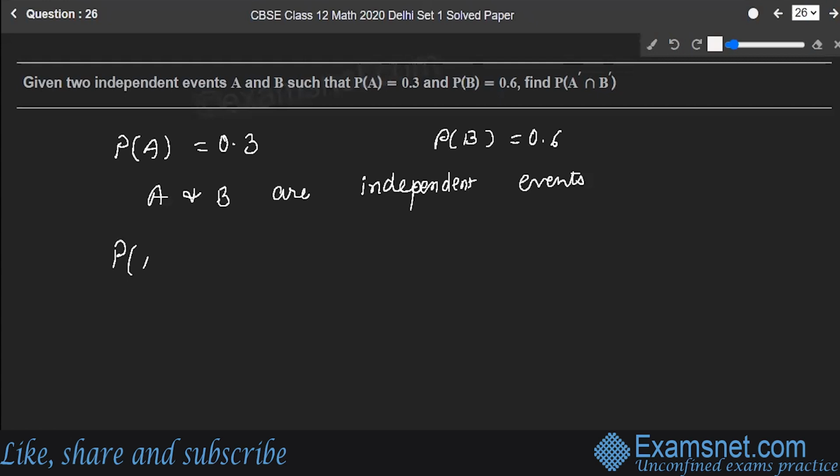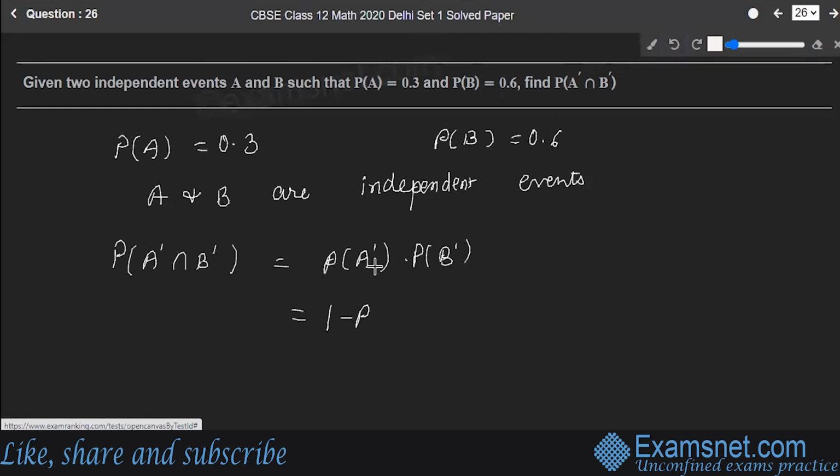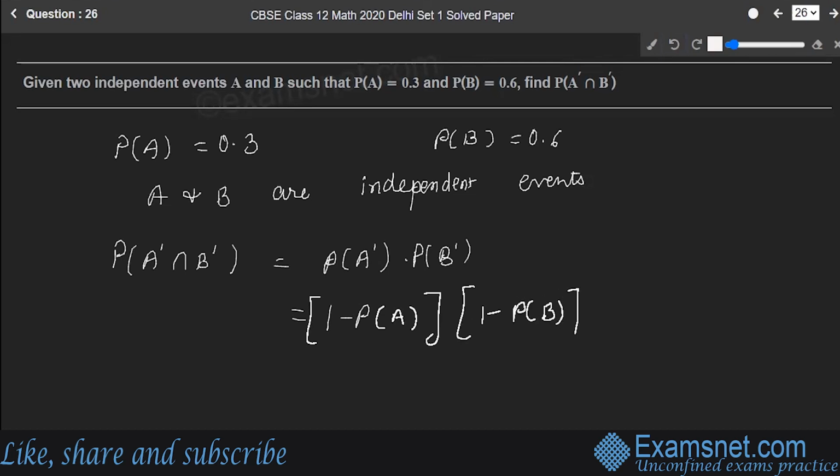Therefore, P(A not intersection B not) is equal to the product of them separately. And what is P(A not)? This will be given by 1 minus P(A), multiplied by 1 minus P(B).